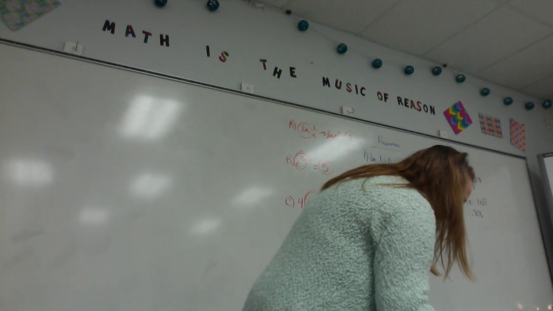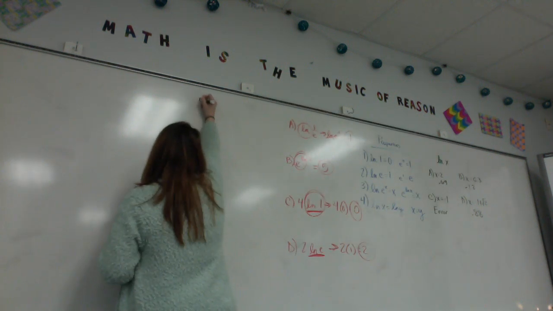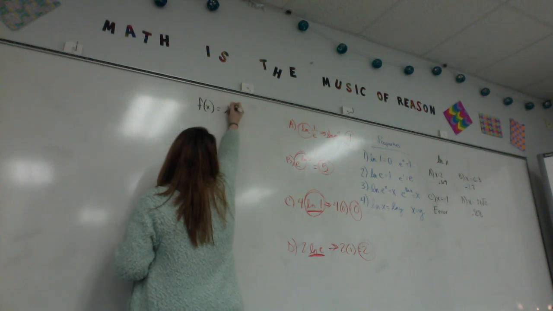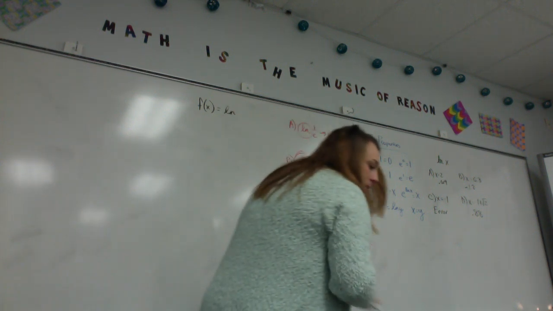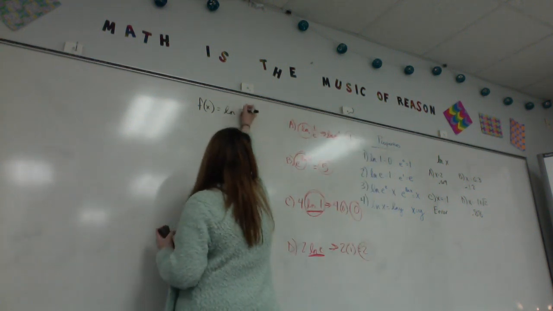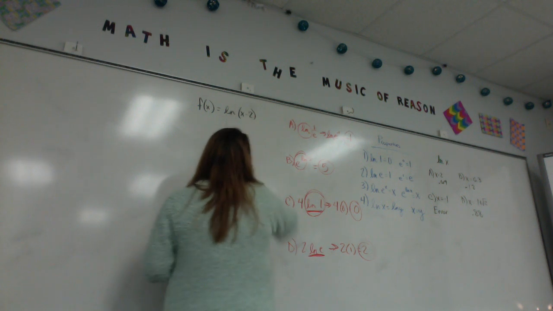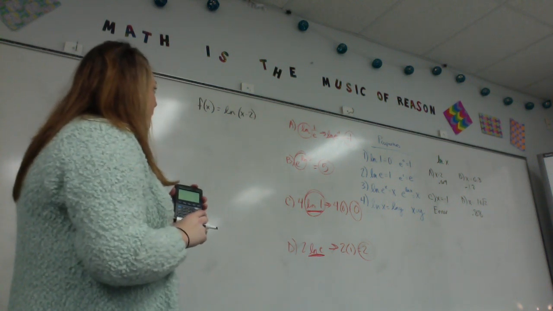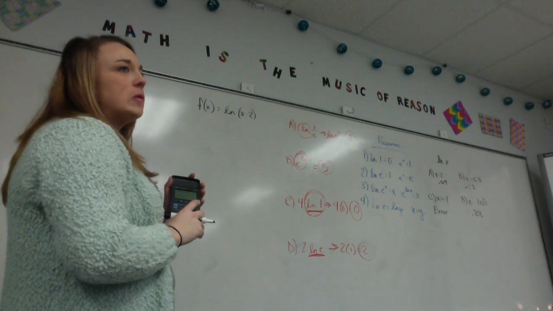Let's talk about graphing these functions. If you want to graph f of x equals ln of x minus 2, that means this graph, compared to the parent function, is doing what?